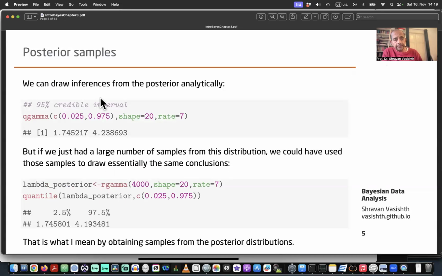For example, in the analytical Poisson gamma case that I mentioned earlier, I could have just generated 4,000 samples from the posterior. So there are the posterior samples that I've got from the R gamma function. And then I could go ahead and use those samples to calculate the 95% credible interval.